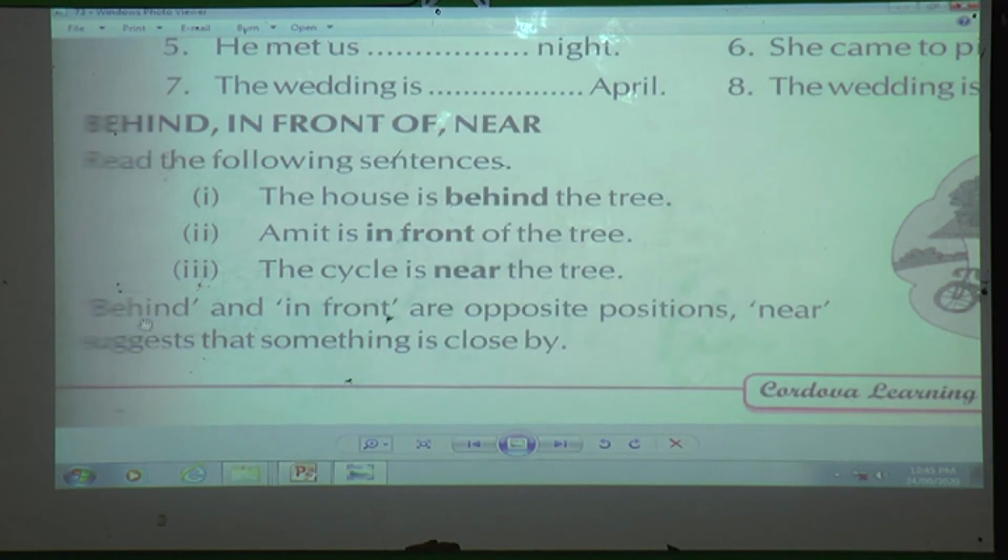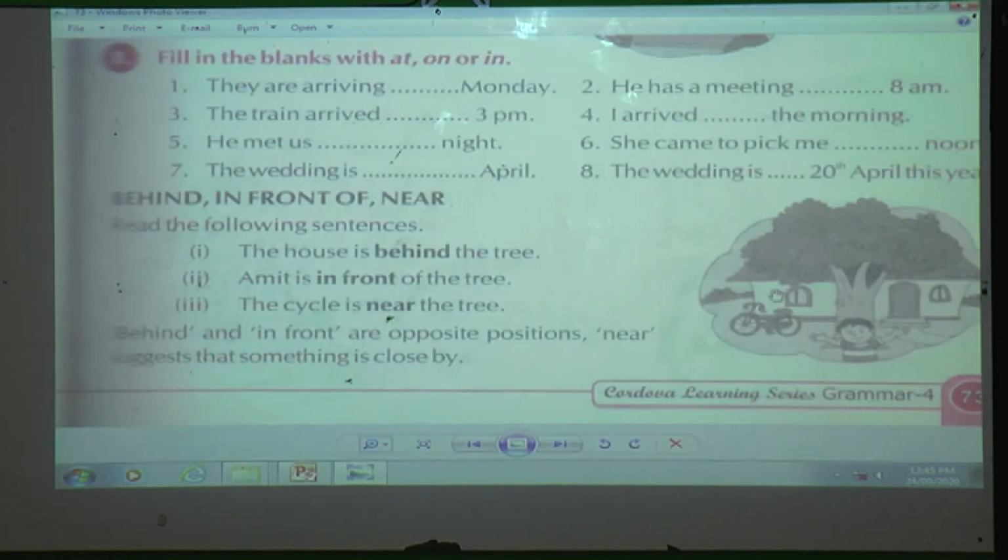So here, behind and in front of. Can you see behind and in front of? They are opposite positions. And near suggests that something is close by. You know the meaning of near. Yes or no? Means something which is very near to us or close to us. Behind is behind and here we can see in front of.